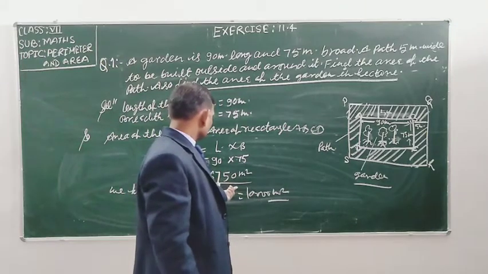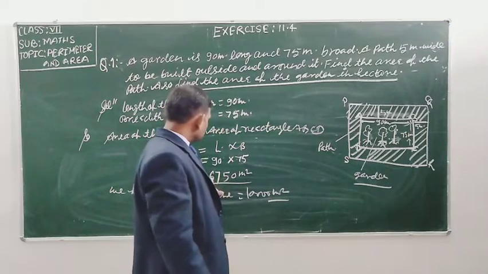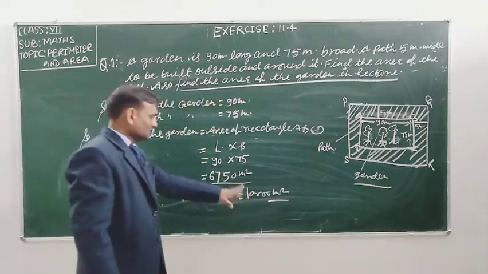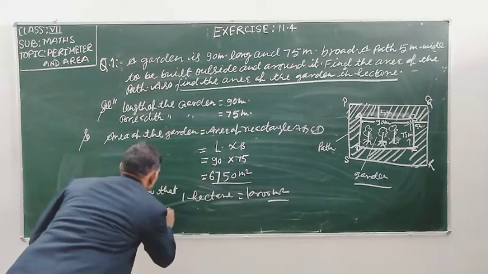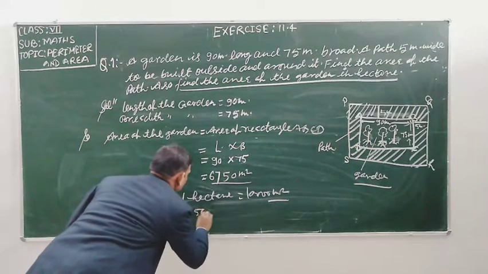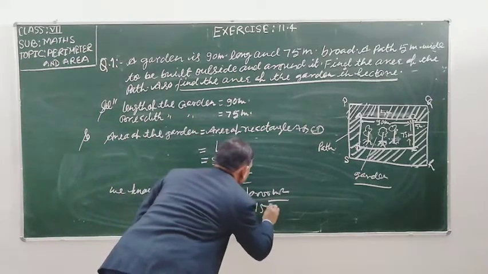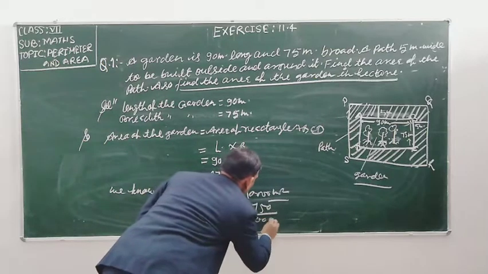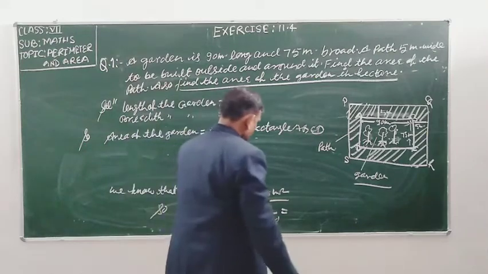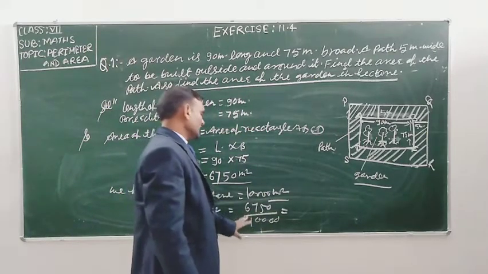So how many hectare in 6,750 meter square? We have to divide by 10,000. So 6,750 meter square is equal to 6,750 upon 10,000. Students, when we divide by 10,000, you can divide very well, I know.